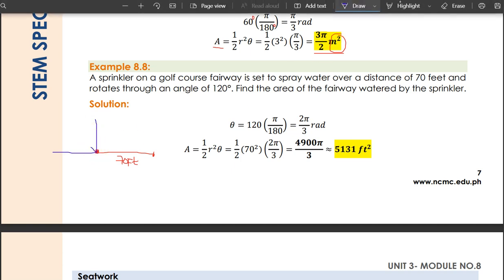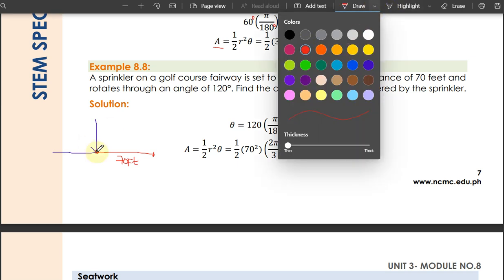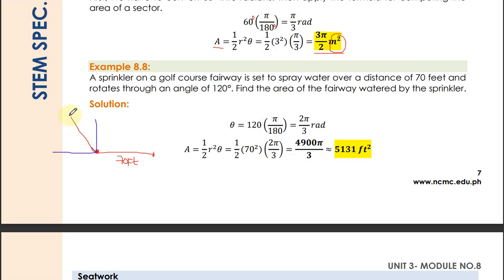So this is 90, and this is 120 degrees. So that is as far as it can spray, only up to 120. So the question is, what is the area that the sprinkler waters?